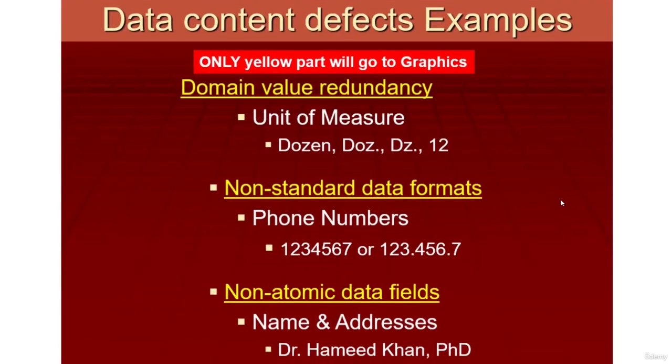Now, the data content defect examples. Domain-related value redundancy: if the client specifies that the data comes only in a unit of measurement like dozen, then DOZ should be shown, or DZ should be shown, or pounds, or whatever it can be. Other than that, different formats are called redundancy.